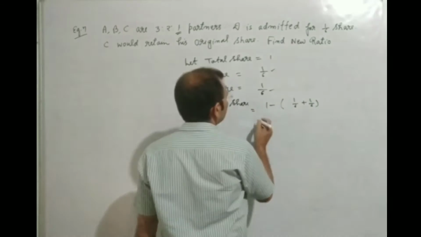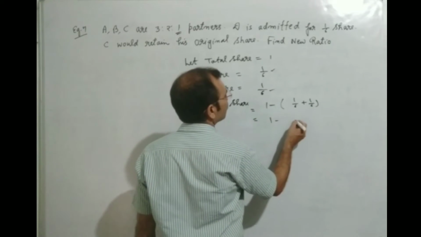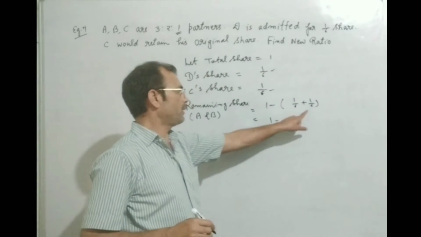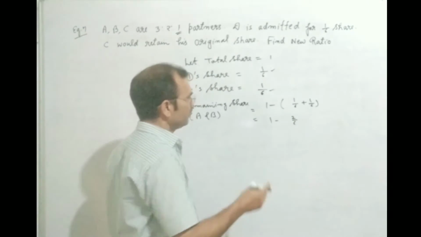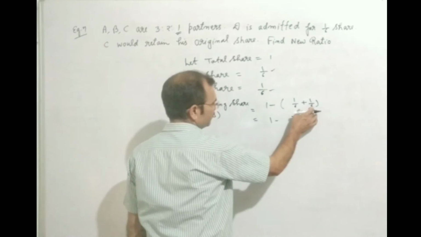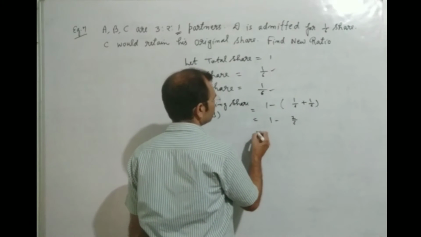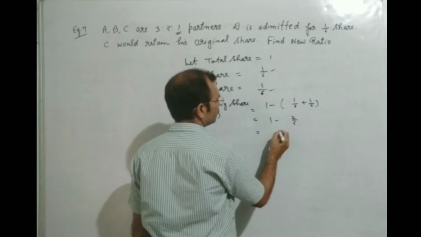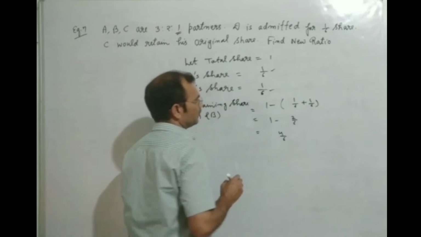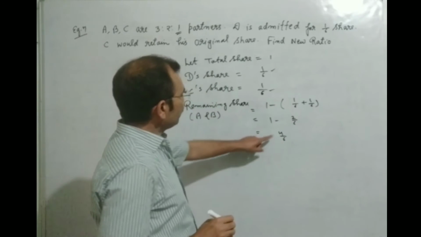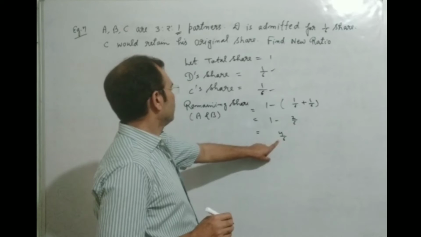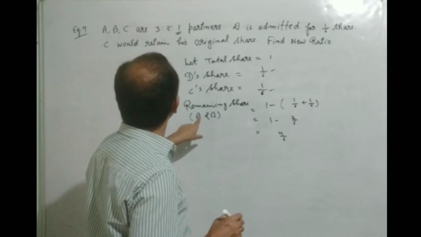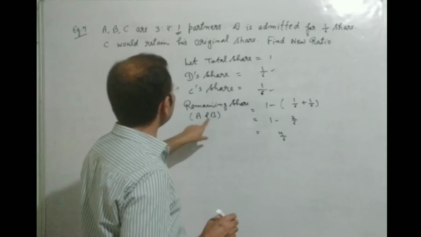So what will we do? 2/6 we can write because the denominators are the same, we can add both of these directly. Now 1 is 6/6, 6 minus 2 is equal to 4/6. This 4/6 will be the part of the remaining partners, A and B.